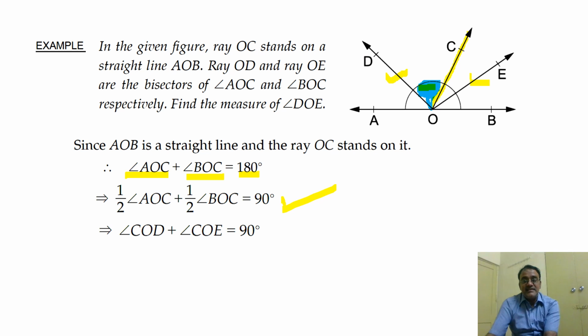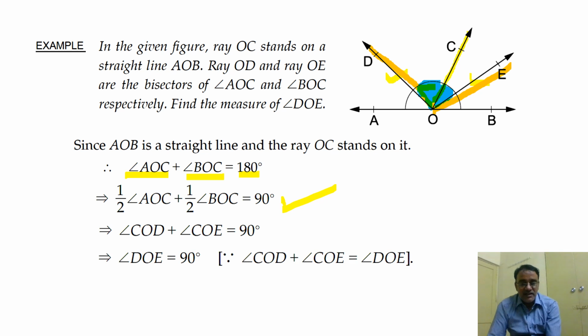Now angle COE ये वाला हो गया. This is equal to half of BOC. So if we add these two, तो हम लोग को क्या मिल गया? Which angle are we getting? We are getting angle DOE. Right? So that will imply angle DOE is equal to 90 degrees. So this is the required answer.